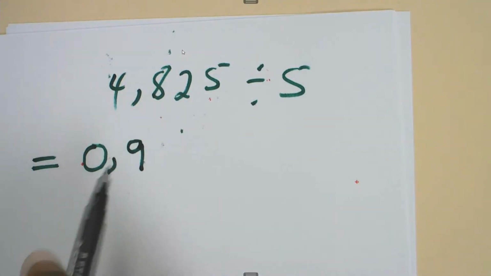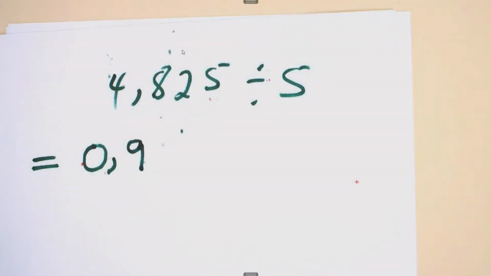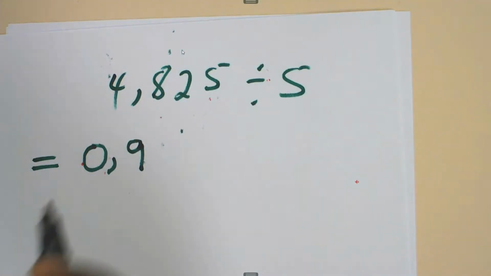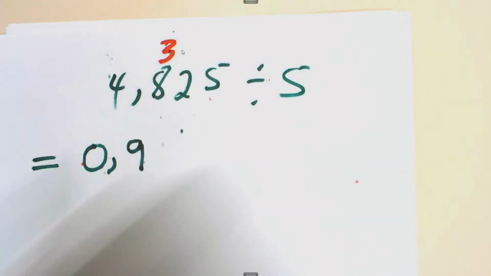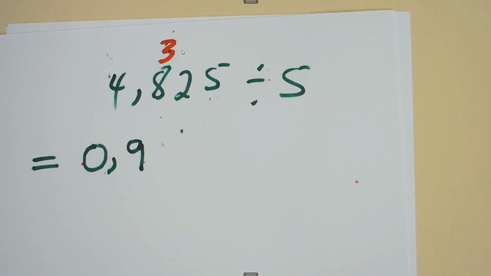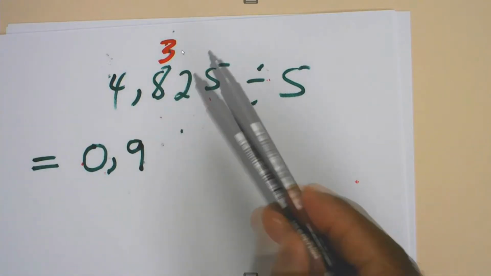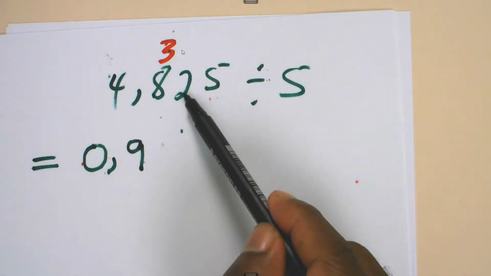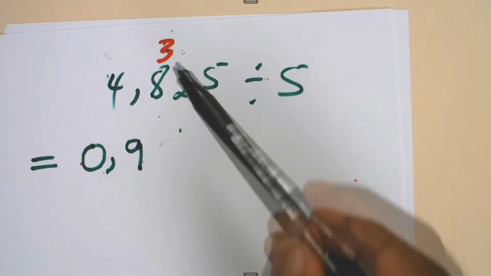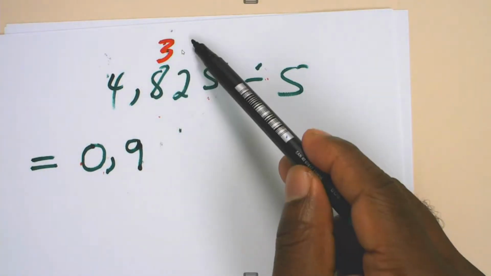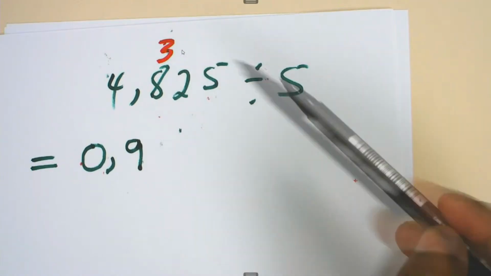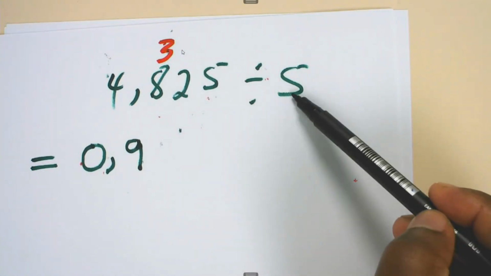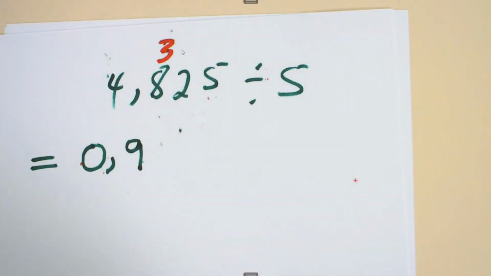And then 48 minus 45, we will remain with 3. Good. And then 5 into 32 hundredths. We bring down the last digit here, 32 hundredths.